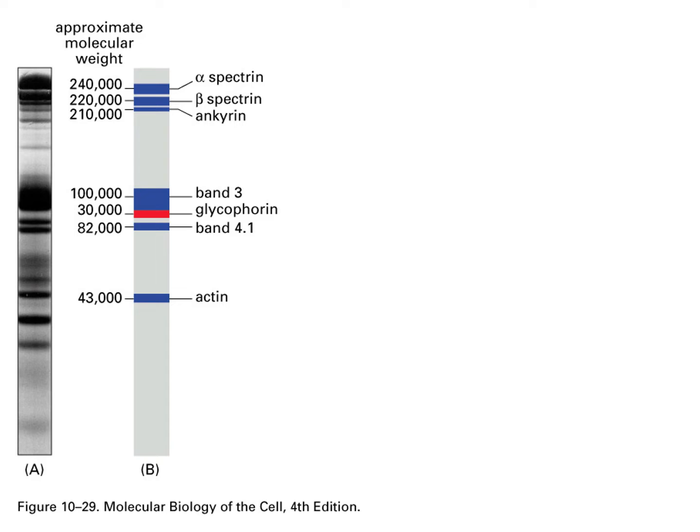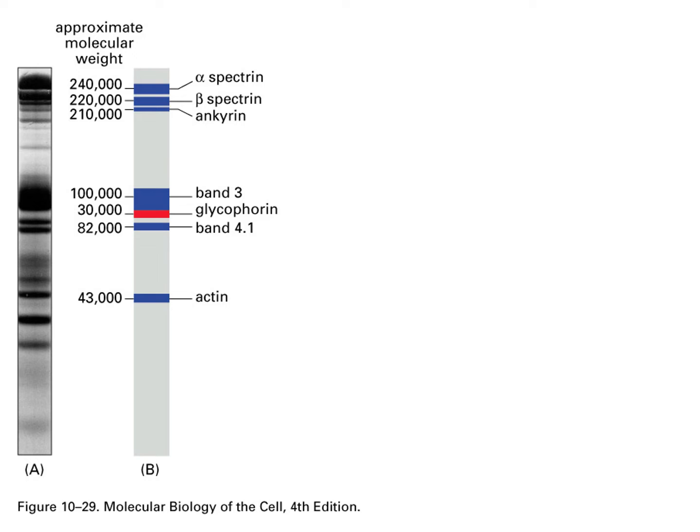They found a series of proteins that were always found, and under Coomassie blue, they found the spectrin molecules. We talked about that in our cytoskeleton, alpha and beta, a protein known as ankyrin, band 3, glycophorin, band 4.1, and actin. And here's the molecular weight in Daltons. Okay, Daltons, Da.